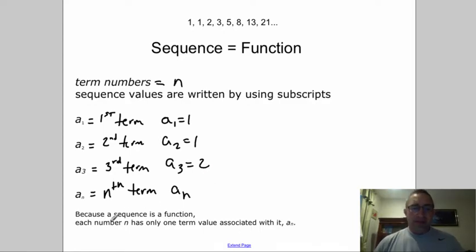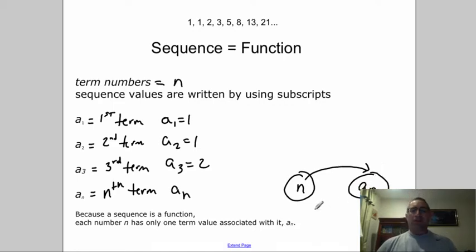Now notice, because it is a function, if you take a number n, it only points to one term in the sequence a sub n. So it's very important to get this notation down.